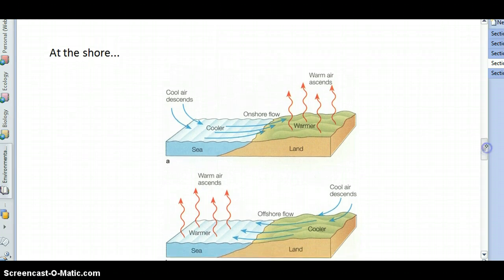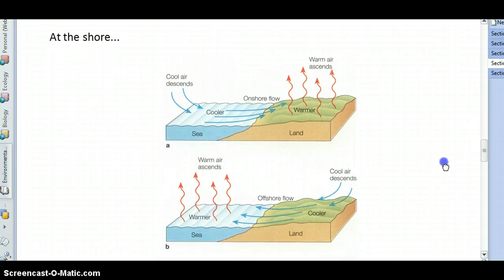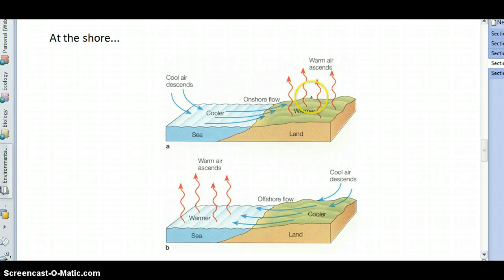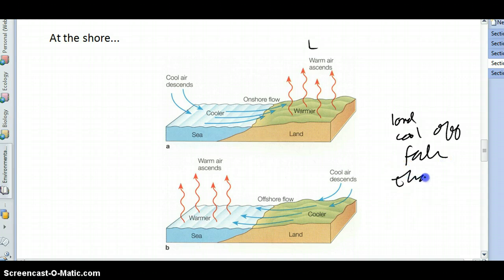We see the same kind of effect at the shore, where during the day, again, the land heats up, creating lower pressure and rising air. This pulls air off of the ocean. That's cooler air. You get nice cooler breezes coming off the ocean. But then at night, the land cools down. And always keep in mind that land will cool off faster than water.